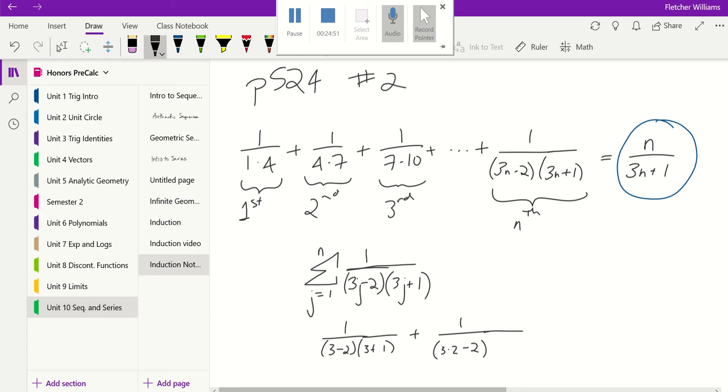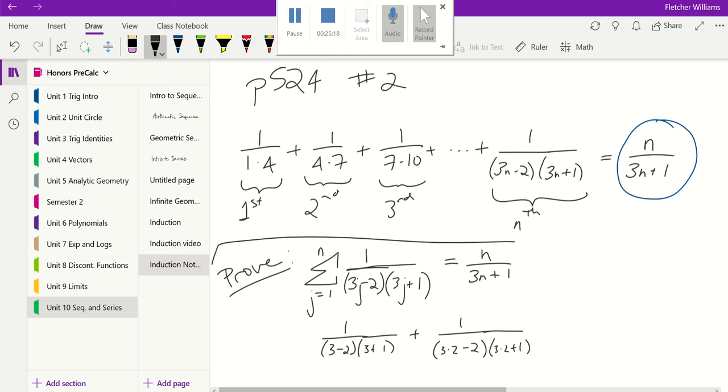So 6 minus 2 is 4, 6 plus 1 is 7. So it's looking like it actually does work. This is the formula for summation notation. So then the whole goal of this problem is to prove that that equals this. That's what the problem is asking you to do.